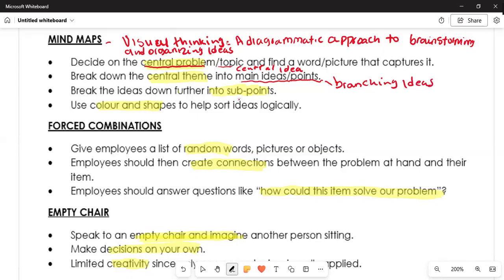When you break down the central theme into main ideas, you are creating branches or connections to related ideas, concepts or solutions. Like we're saying delay in delivery, we want to know what causes the delay. Those will be the branches that connect to the main idea. Maybe it's because of the speed of the transport, stuff like that.